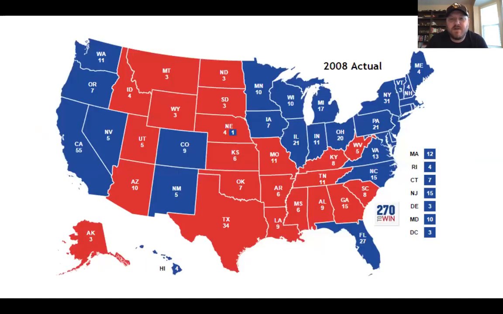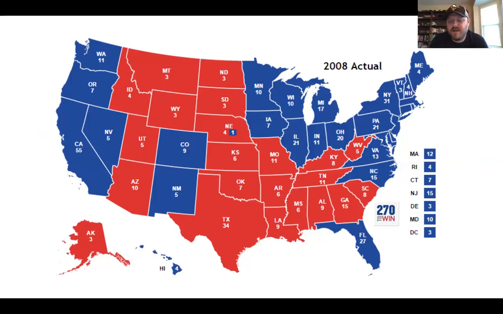You can see here that Barack Obama was able to pick up states like Colorado and New Mexico. He'd be able to pick up Nevada, Florida. You're picking up these big states with big electoral vote counts. Barack Obama wins, not in a landslide by any means, but it was a victory that was declared that evening in 2008.